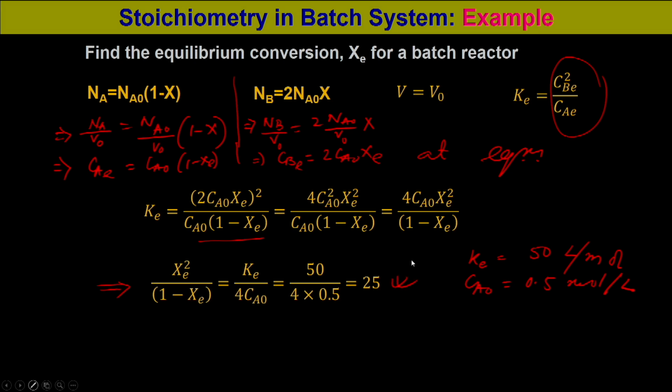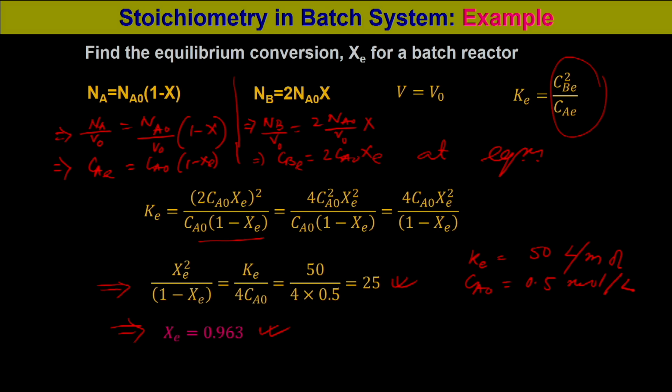Now if we solve it for Xe, you will get both positive and negative roots, but the conversion cannot be negative, so we have to take the positive one. If you just do the calculations, we will obtain Xe, that is the equilibrium conversion, as 0.963.